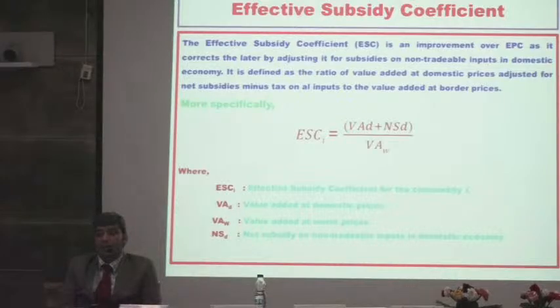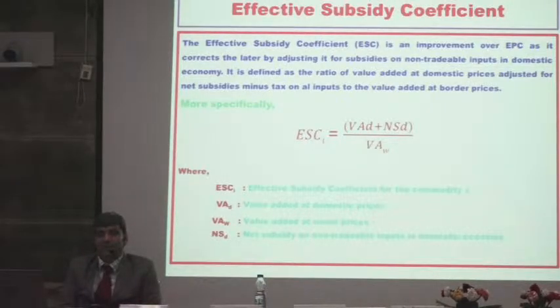So when we compare the prices for the effective subsidy coefficient, we take into consideration subsidy as well as tax. Some input prices may be higher due to tax as well, so these affect the overall prices. In the effective subsidy coefficient, we consider both tradable and non-tradable input.